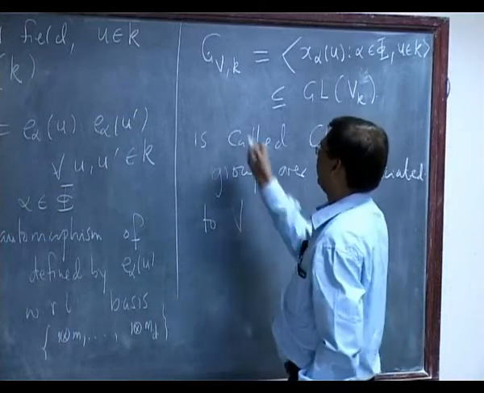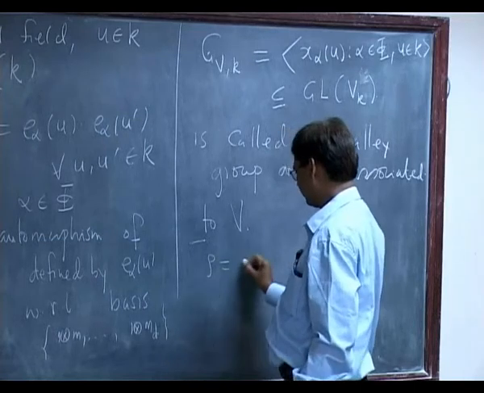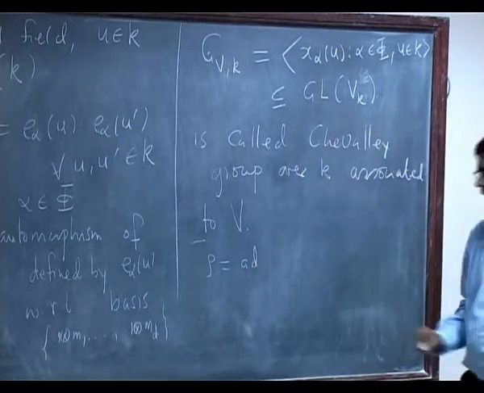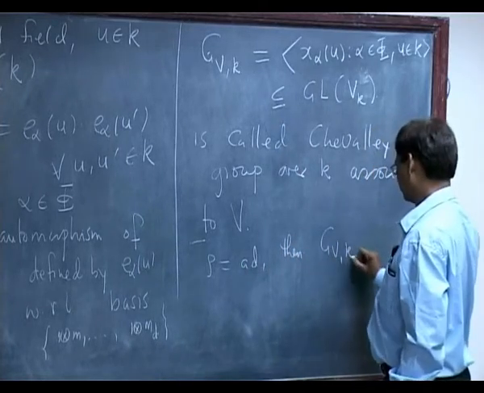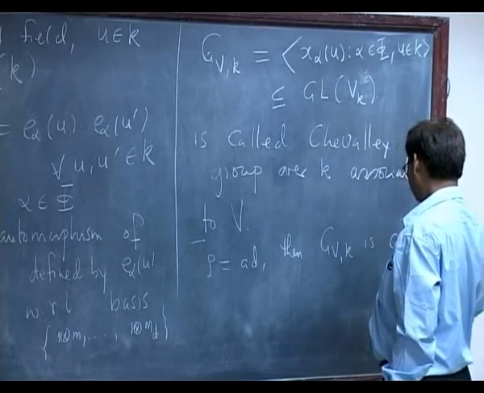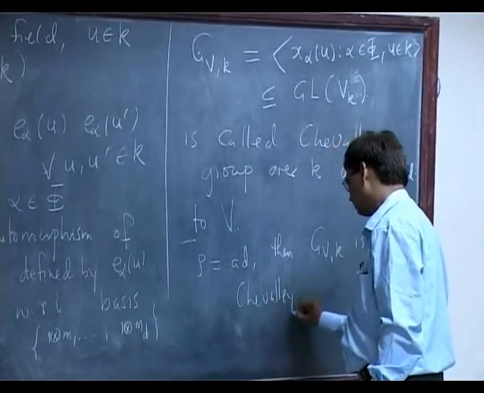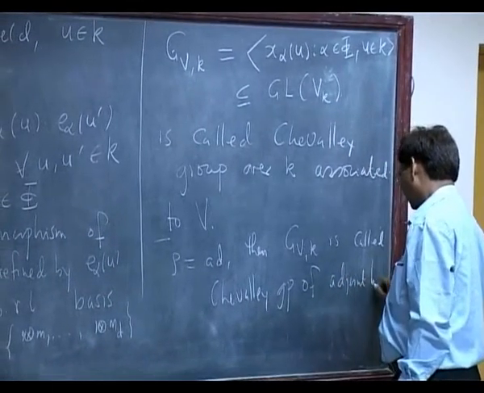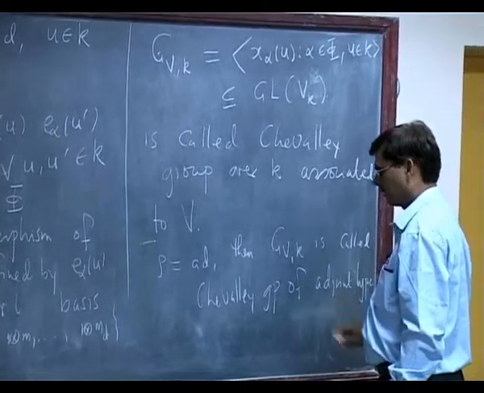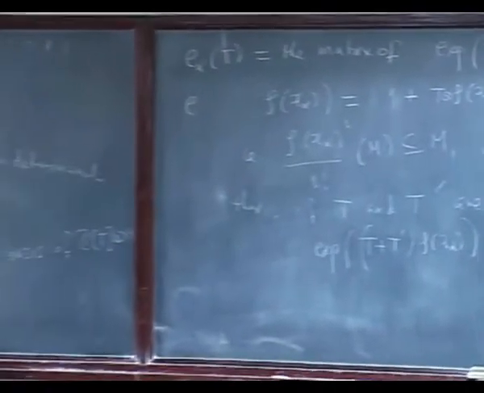Okay, so if rho is adjoint, then G V K is called the Chevalley group of adjoint type. And if the lattice is the universal lattice, then it is called universal type.